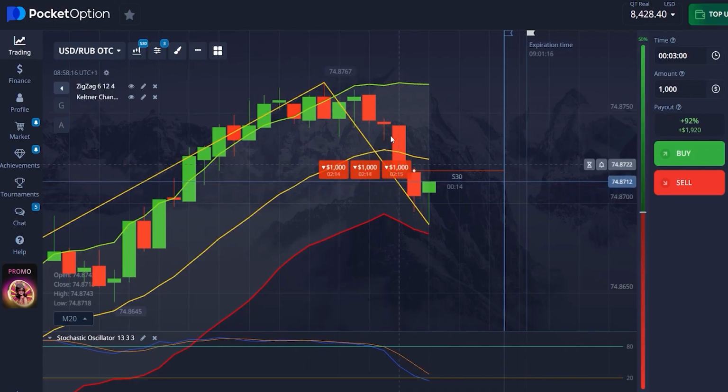So I have a stable candlestick right here, which also indicates stability of the market.